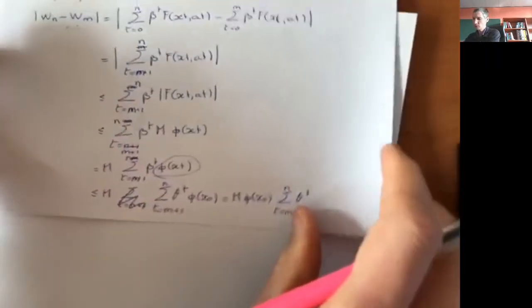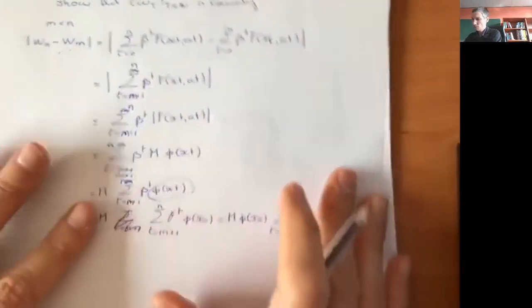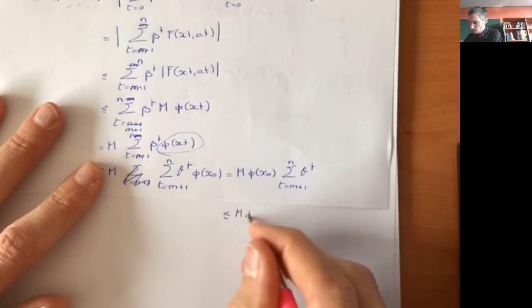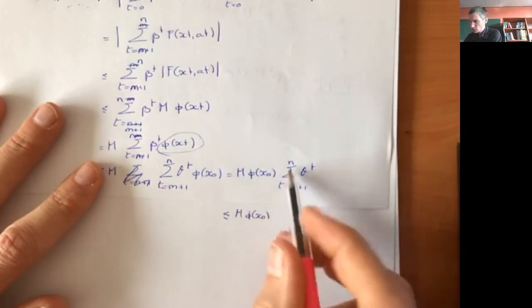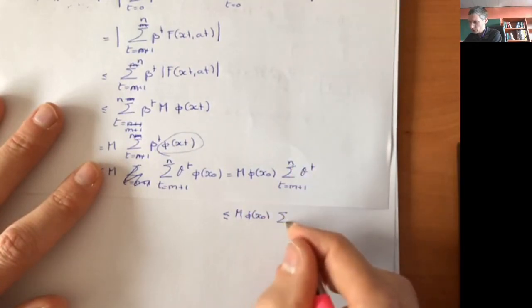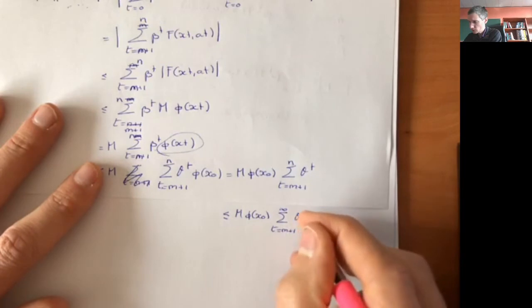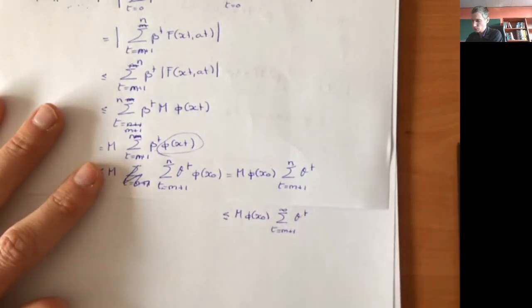Okay, let me continue here. This is less or equal to m phi x0. So this only goes to n, so we can add some terms at the end, infinitely many, theta to the power t, and I get a less than or equal sign.